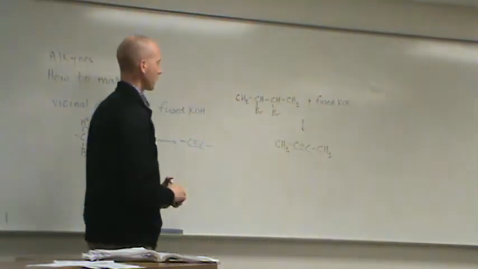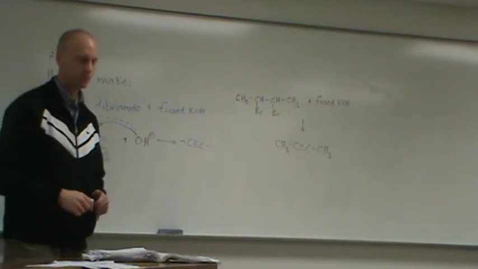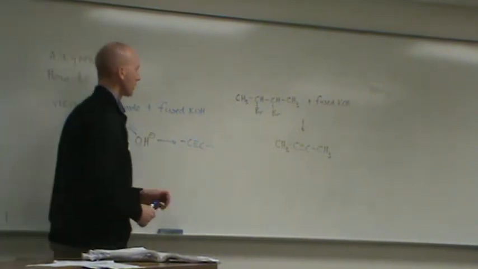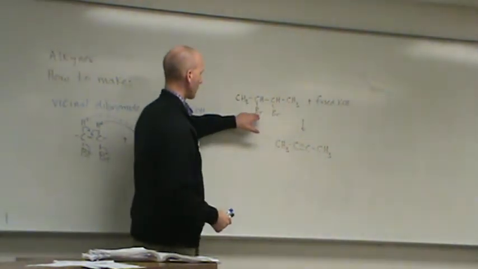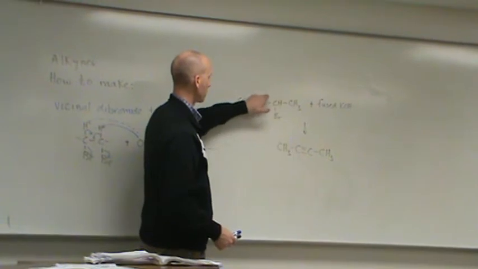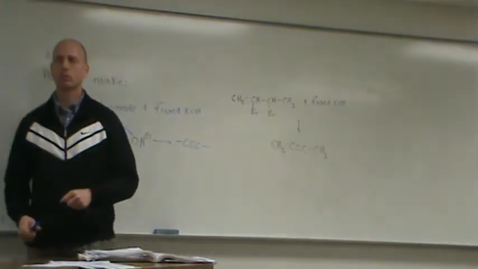And that gives us the internal triple bond. So make a note of it. Wherever the two bromines are, plus fused KOH, the triple bond forms between those two carbons there.